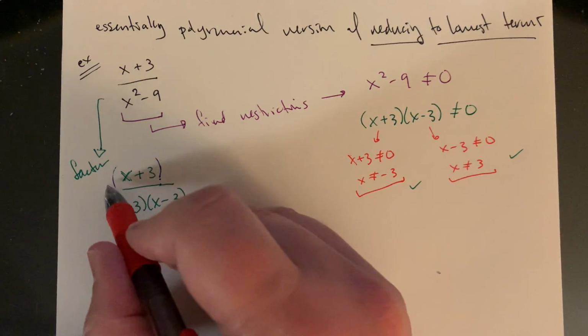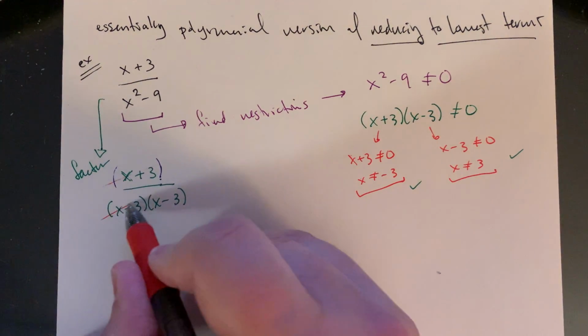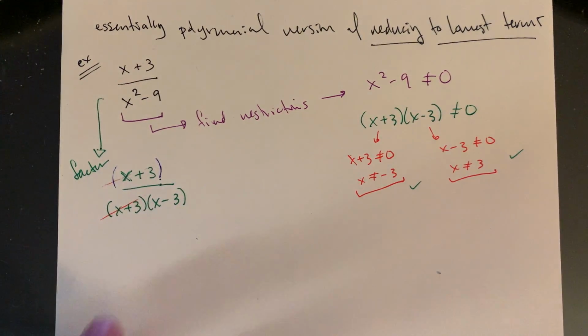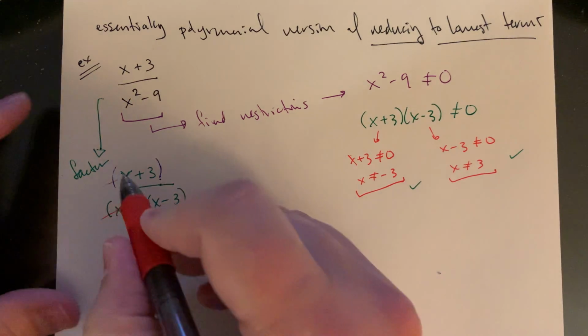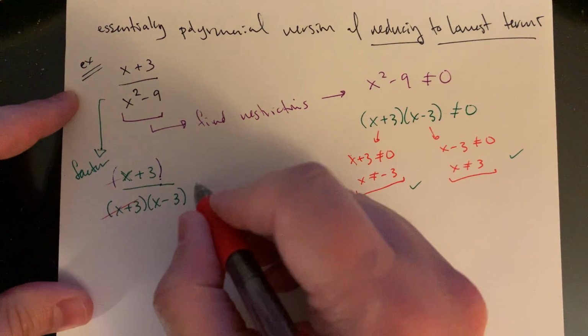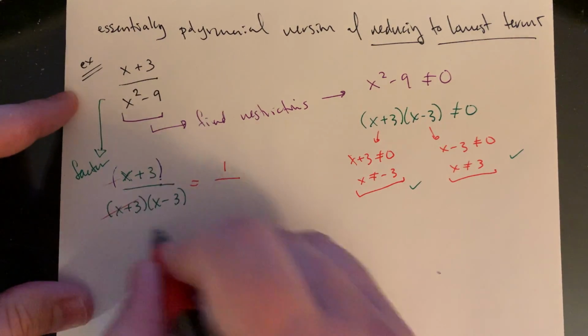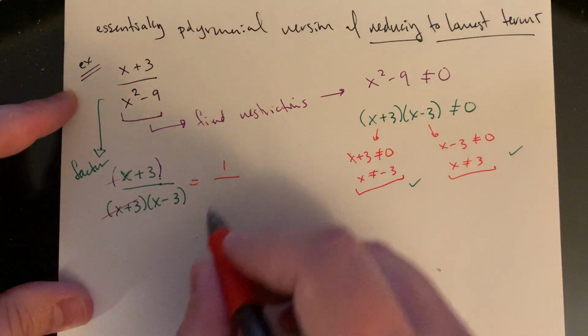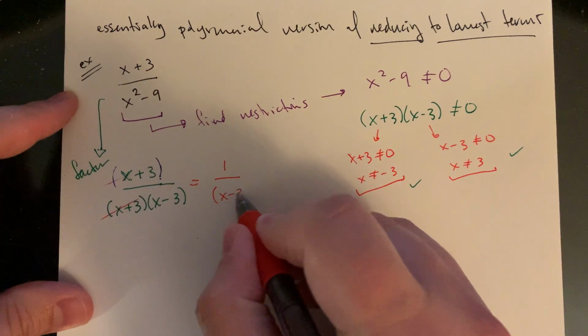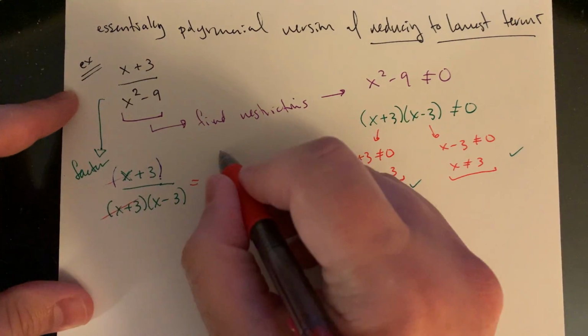And so what will cancel is this entire x plus 3 with the x plus 3 on the bottom. In the same way that if you had 8 over 10, that would be 4 times 2 over 5 times 2. You could cancel the 2 and the 2 and be left with 4/5. So the x plus 3 cancels. This simplifies down now to 1 over x minus 3.